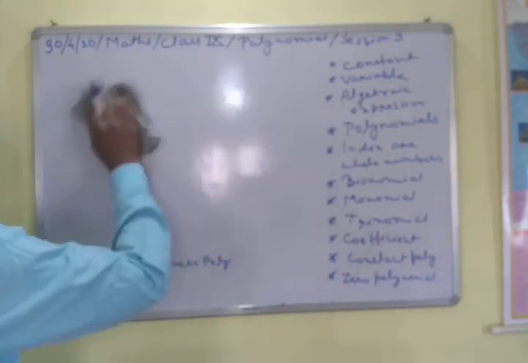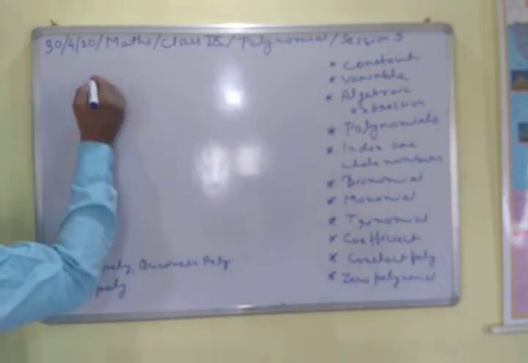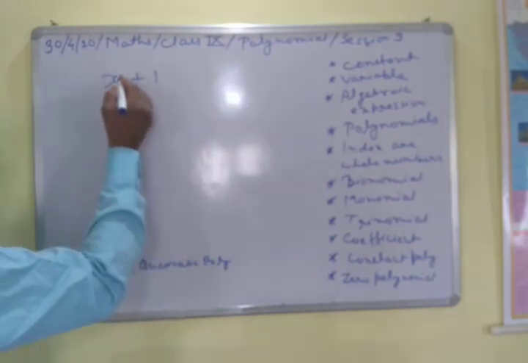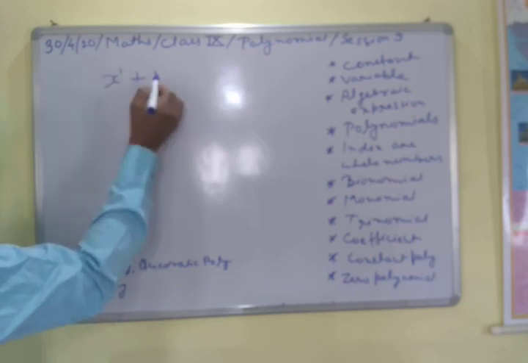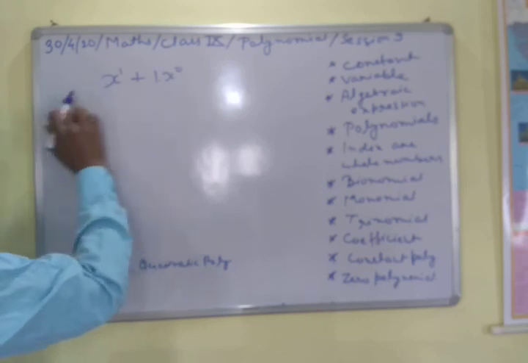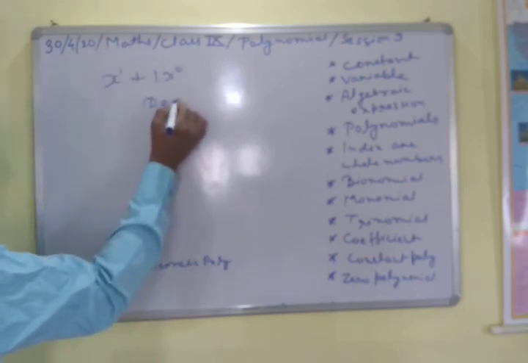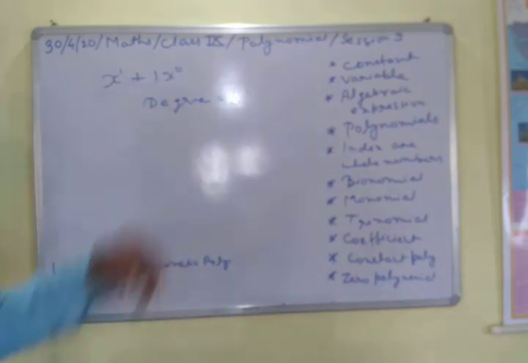Next, what is the degree of the polynomial? Degree means the highest power. Like if you write here x plus 1. So this is also a polynomial, but here the degree of the polynomial is, that is in this case the power of x is here 1, and in this case it is x power 0 here. So in this polynomial, the degree is 1. In this case we will say that degree is equal to 1, because the highest power is 1 here in this case.